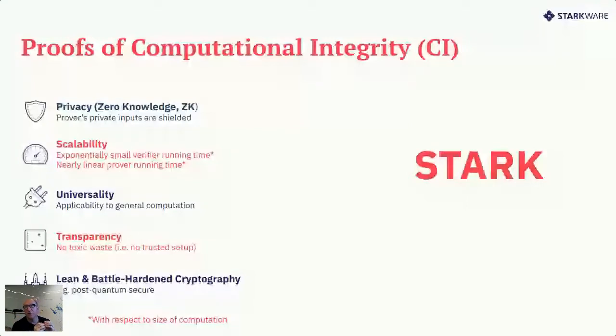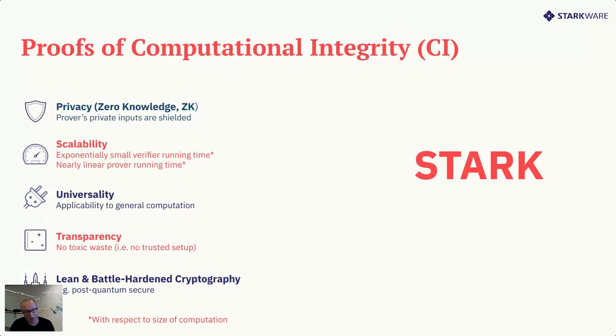And you would like your verification time to grow as slowly as possible. And again, there are mathematical reasons why verification time cannot be less than logarithm of T. So the best you could hope for is to have the proving time be very close to T, and the verification time be close to log T. And any proof system that has both of these things at the same time, both nearly linear proving time and logarithmic or polylogarithmic verification time, is something that we will mathematically call a scalable proof system.